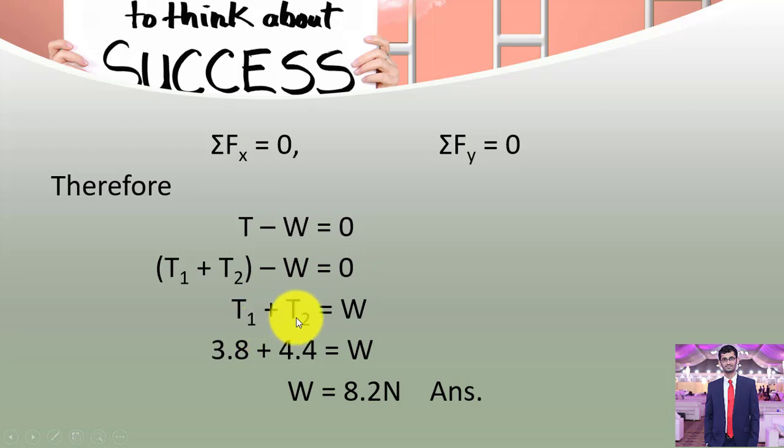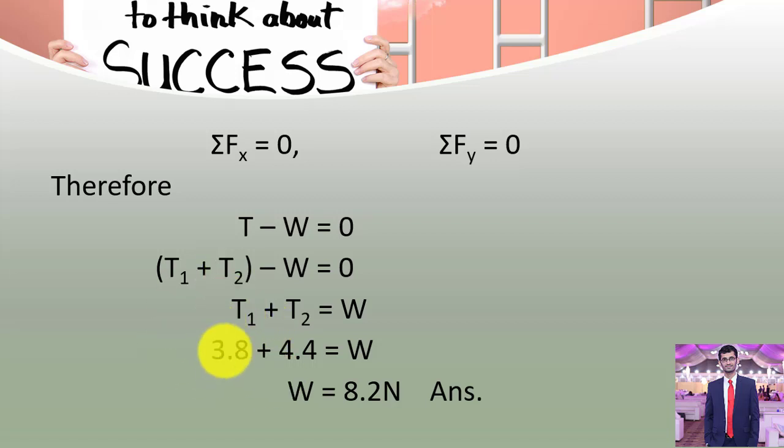T1 plus T2 is equal to W. This W with the negative sign, after rearranging, comes to the other side of the equation, and after putting the values of the tensions we can get the weight of the picture frame.